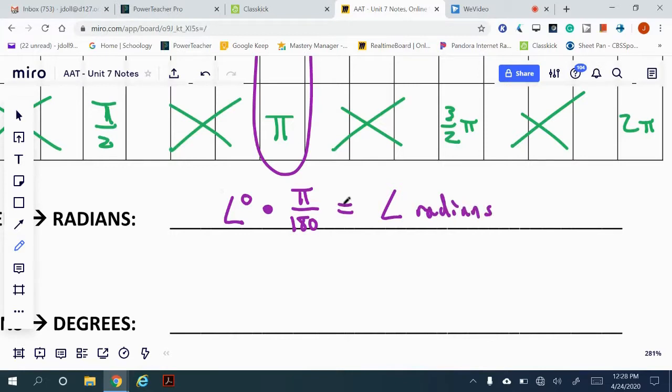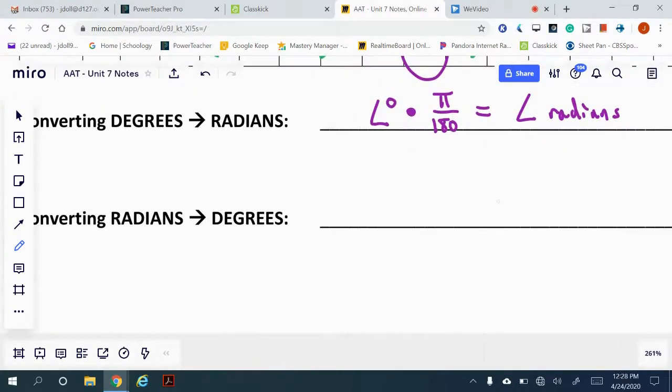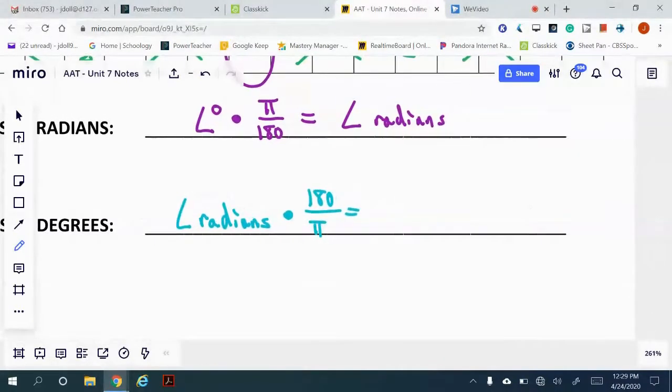We start with degrees, multiply by our conversion ratio, and we get radians. Going the opposite direction is literally just the opposite ratio. If I have an angle measure in radians, I'm going to multiply that by 180 over pi to convert that into an angle measure in degrees.